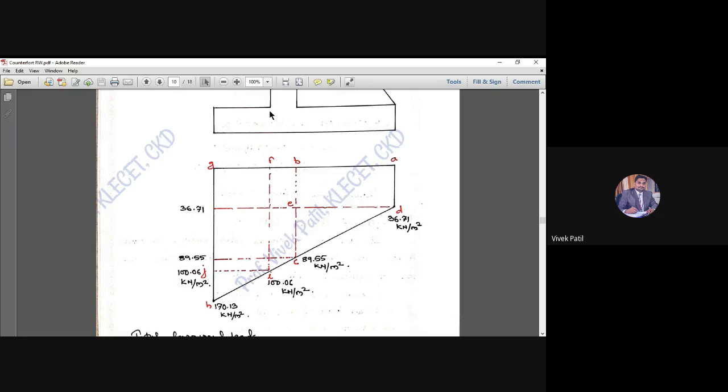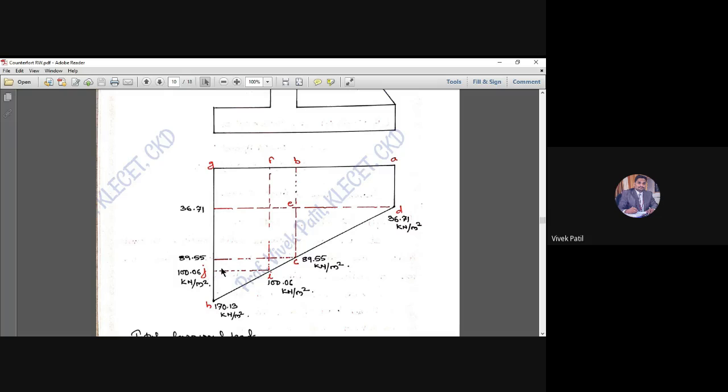Okay, so where will it be acting from this face? 0.5. Okay, then we will calculate the area of this triangular portion, that is IJH.